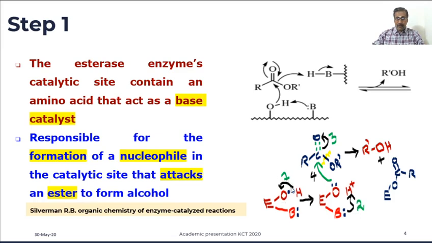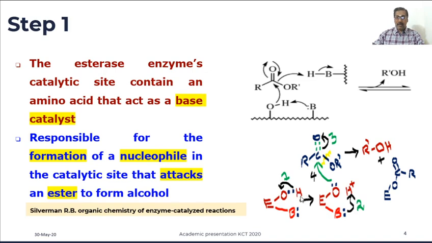So here you see, first we will discuss how a nucleophile is generated. In the OH group, compare the electronegativity of oxygen and hydrogen. The electronegativity of oxygen is very high, so it will grab the electron that belongs to hydrogen, making this oxygen a nucleophile and this hydrogen an electrophile.